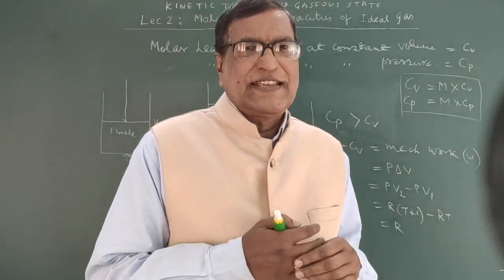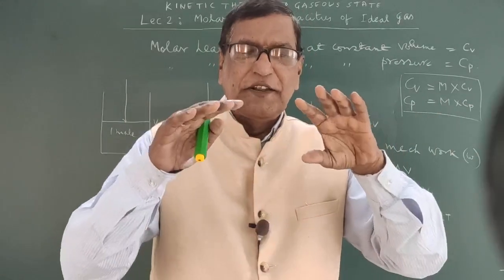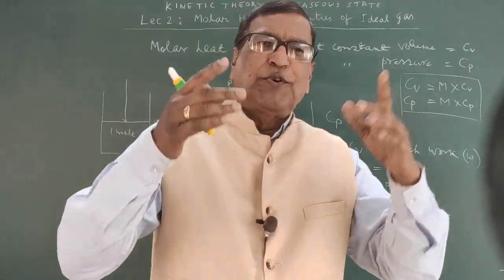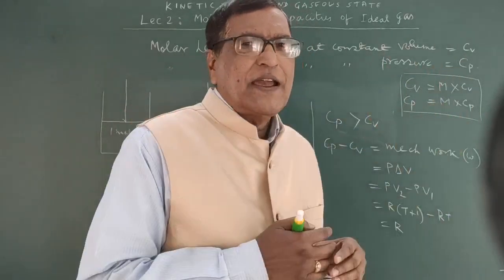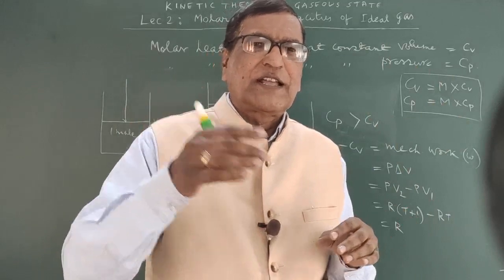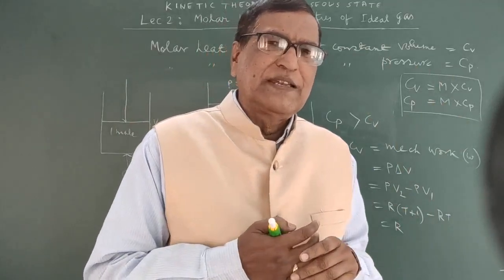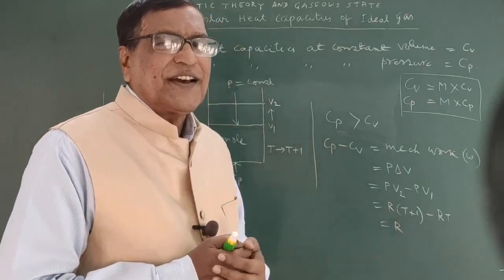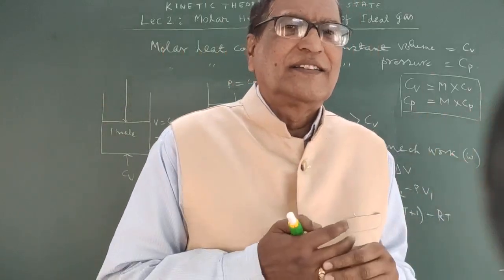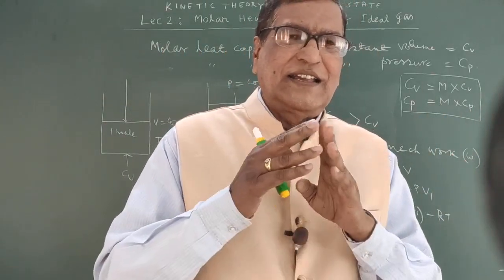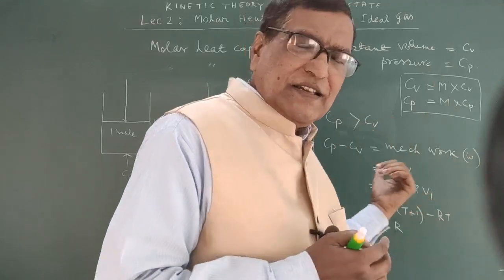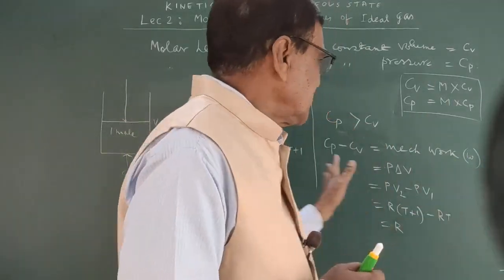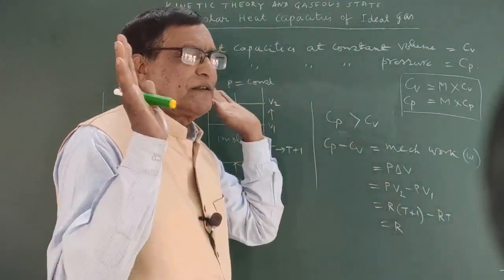If we consider the real gas, suppose van der Waals gas is the representative of this real gas, then I have shown in my video lectures on chemical thermodynamics that for real gases, Cp minus Cv is greater than R. And for different gases, the difference will also be different. But here for this ideal gas, Cp minus Cv equal to R.